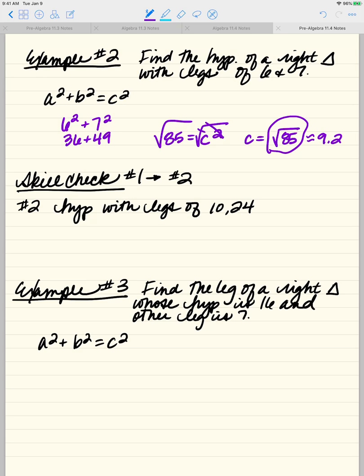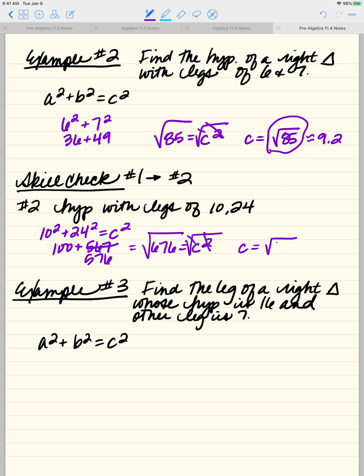Skill check number 1. Number 2, find the hypotenuse with legs of 10 and 24. So that's 10 squared plus 24 squared is equal to c squared. So that's 100 plus 576, which is 676. So 676 is equal to c squared. Square root of both sides.